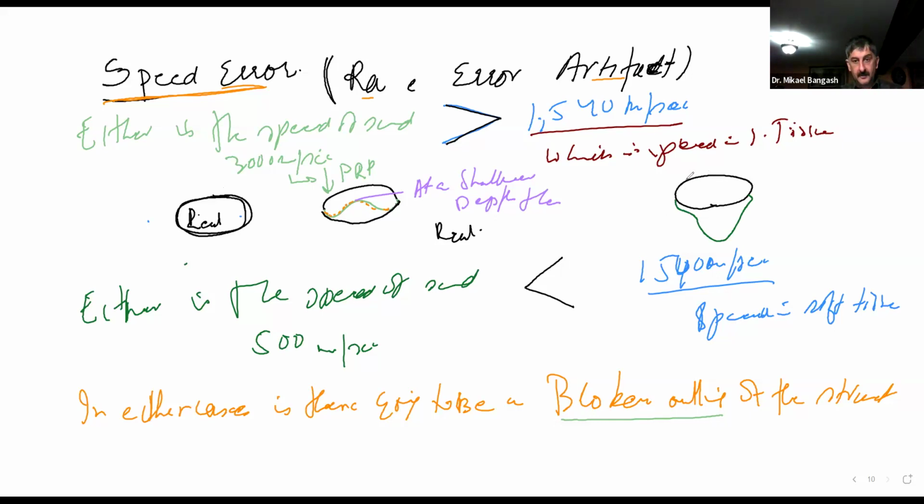Mainly because here it takes a greater time, or a greater go and return time, because here sound travels slower than in soft tissue. And that's how your system may perceive this reflector as being at a greater depth.